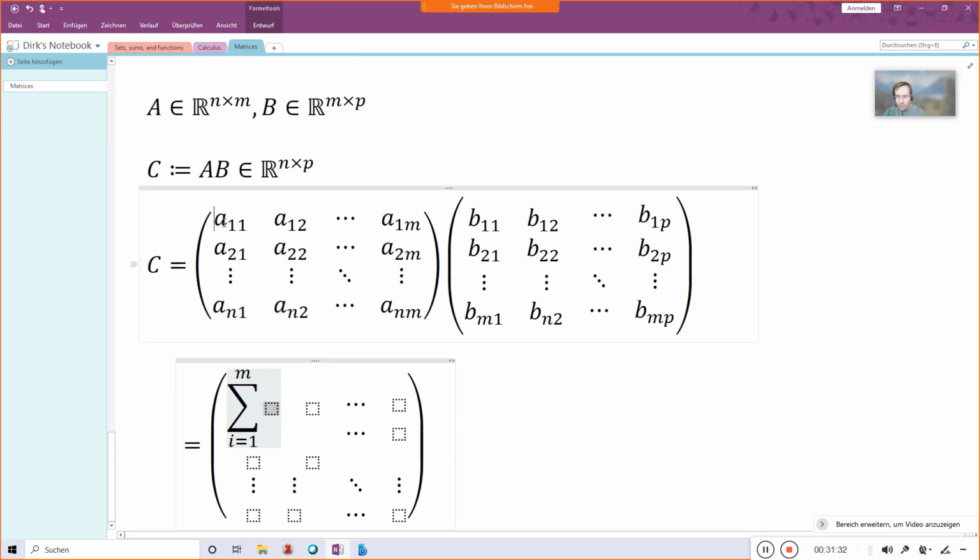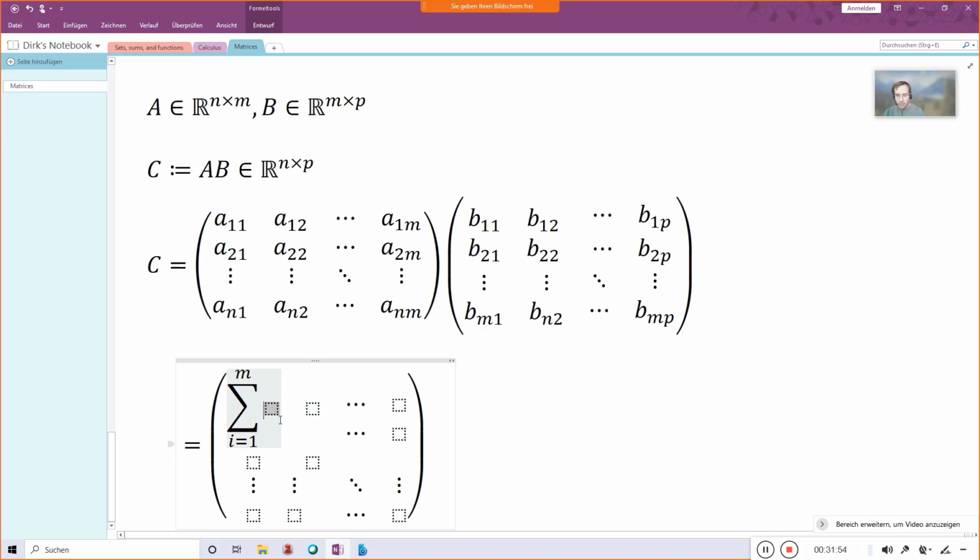So if we go along one row over columns, we have m entries here, so A11, A12 up to A1m. If we go down the first column here, we go over B11, B21 to Bm1.